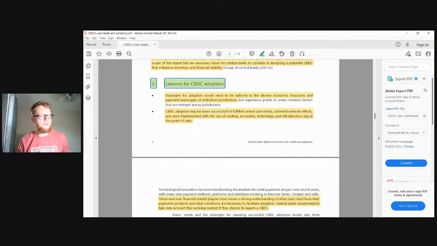There's so many different legal structures and things like that, to where it really depends on the individual country and how their entire system is set up, right? And so, with that being said, a central bank digital currency would be different for each individual jurisdiction, right?